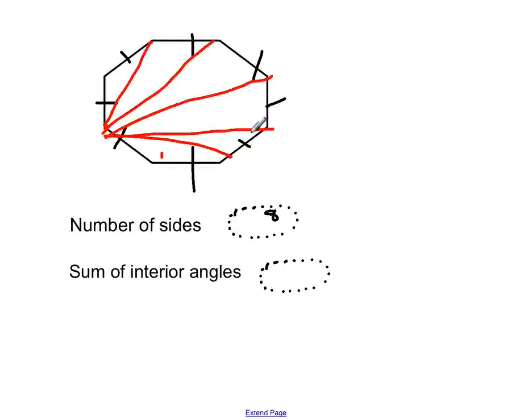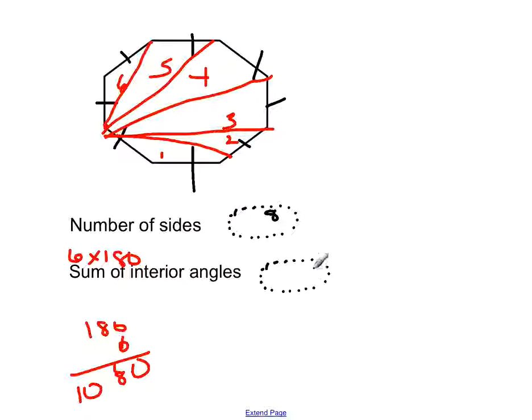Doesn't go there. So I have 1, 2, 3, 4, 5, 6. I have 6 triangles times 180, and this is how I want to see your work. You can use a calculator. If you didn't have a calculator, you'd be doing what I'm doing right now. So I have 1080 degrees.